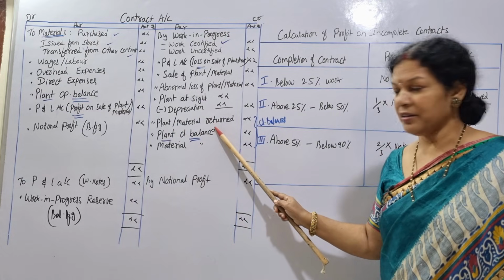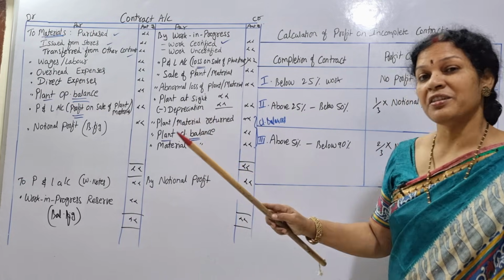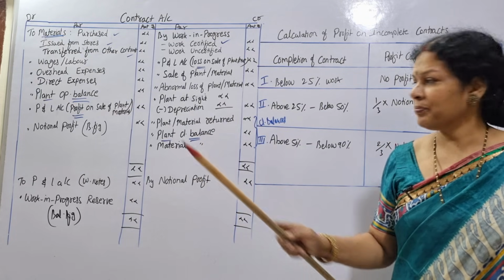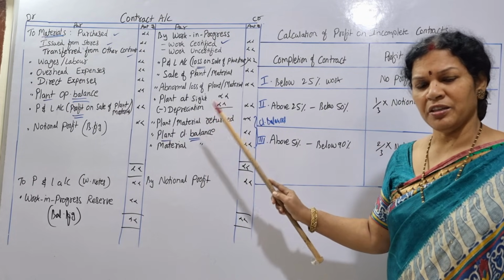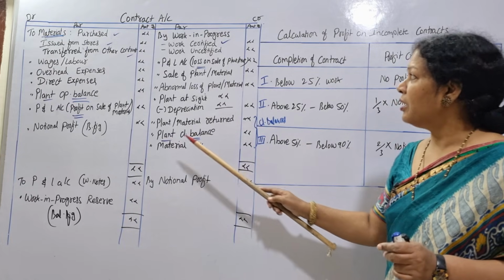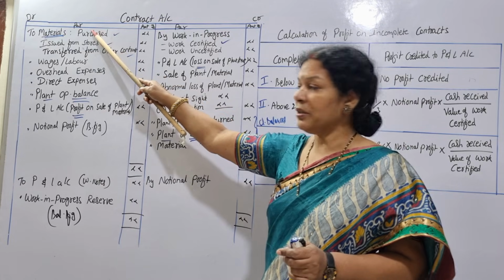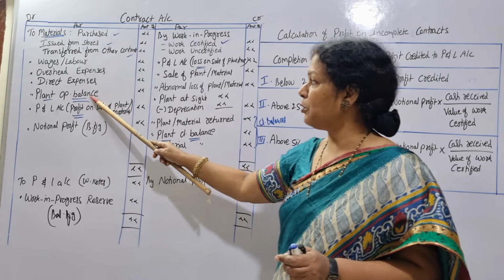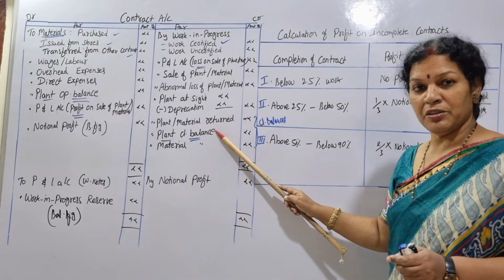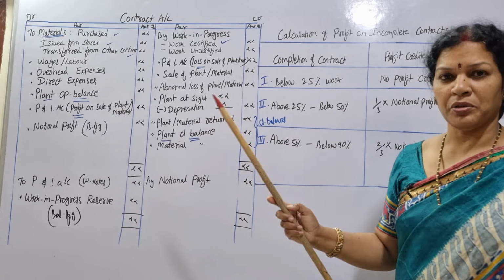Closing balance of plant, and plant or material returned, like sales returns. Plant return, material return, any returns, credit side. Closing balance of plant you write here, and next, closing balance of material. Opening balance of material and plant, closing balance of plant and material, and returns also.